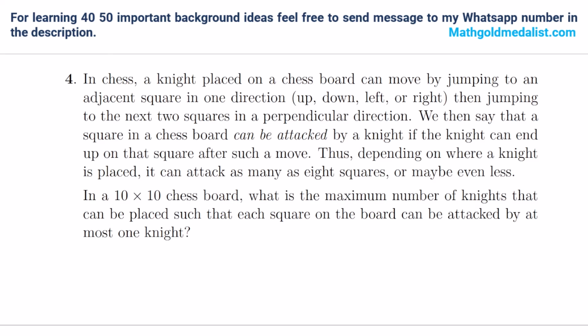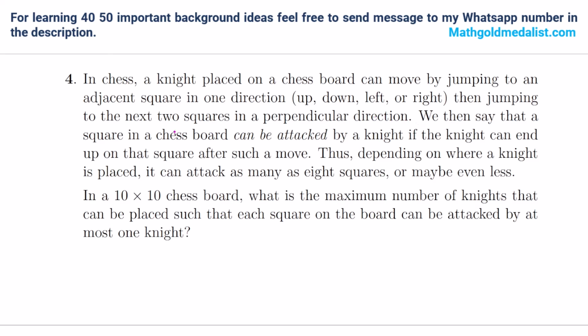Agreed. Okay. Good. So we're only gonna use white cells because white cells go to black. Let me explain this. Here it says, to an adjacent in one direction, then jumping. It is knight in chess, right? Mm-hmm.